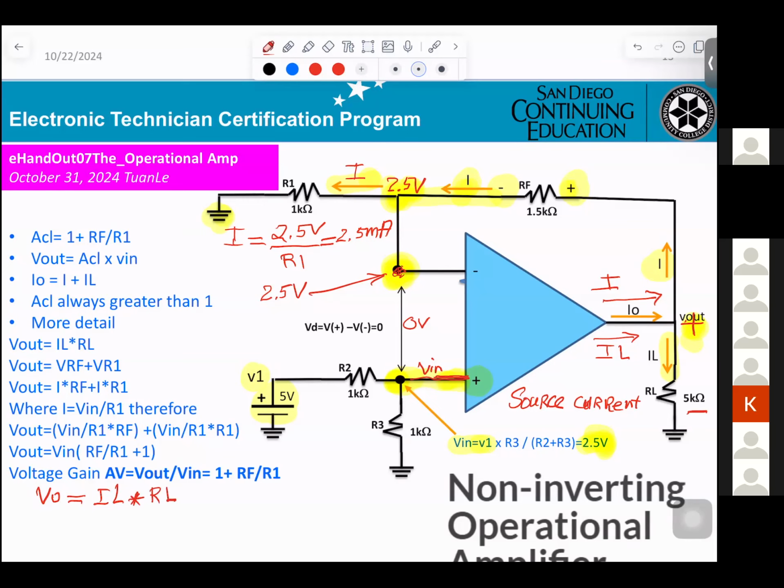Correct? Yes. However, we cannot use the formula with RL. Why? The thing is RL will be changing all the time. I want to calculate using any value in the circuitry without RL. Another way, who can tell me what VL equals?